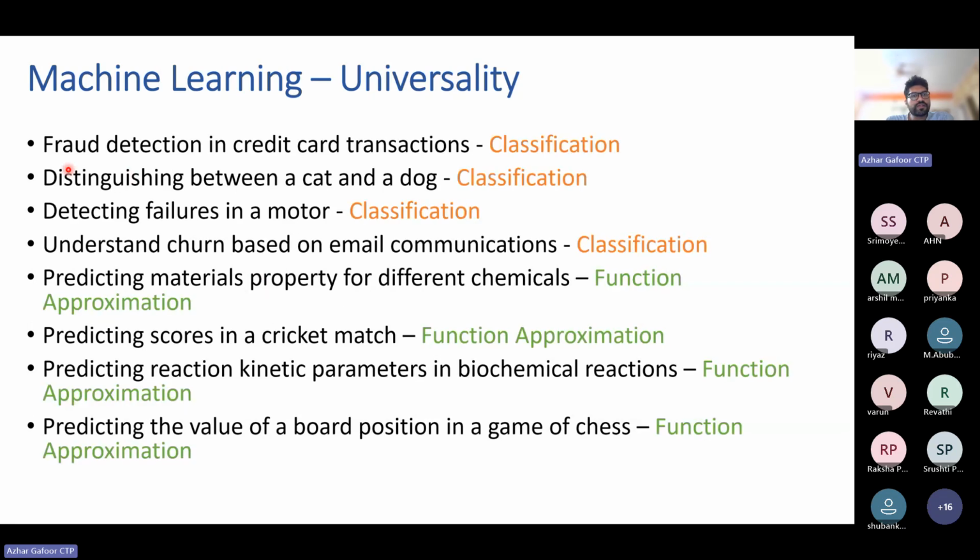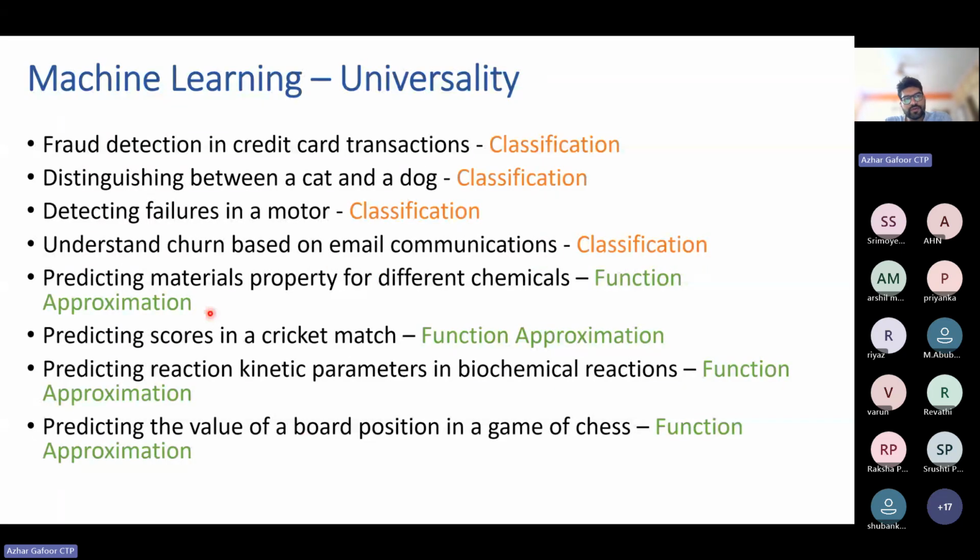Fraud detection in credit card transactions is a classification problem. Distinguishing between a cat and a dog is an image classification problem. Detecting failures in a motor, whether it is working or failing, is also a classification problem. Understanding churn based on email communications is another classification problem.